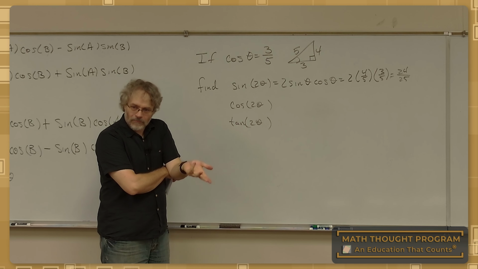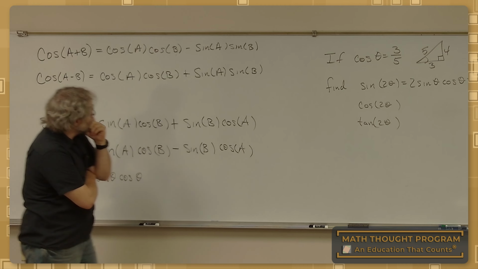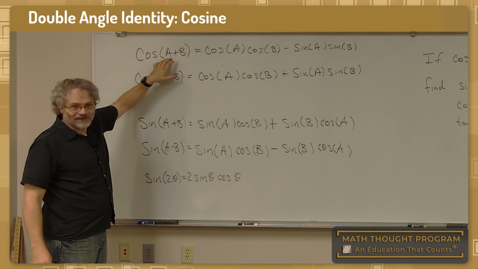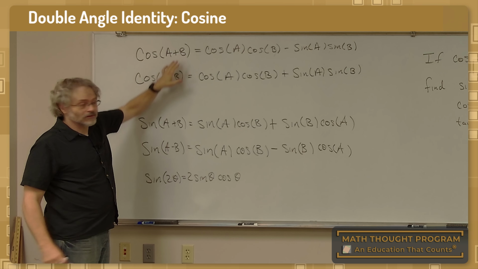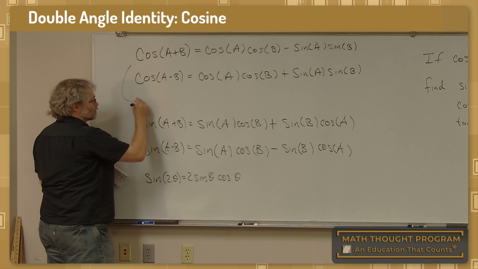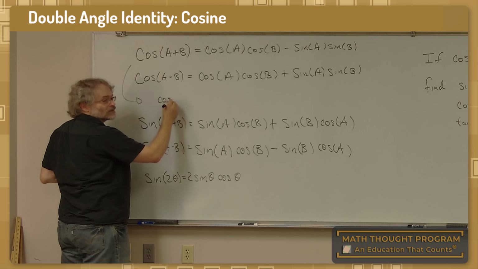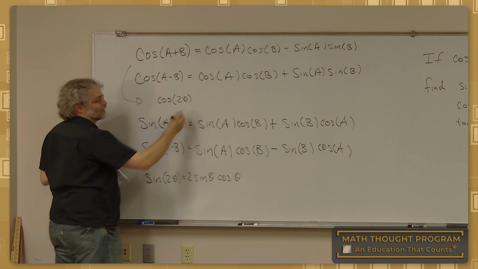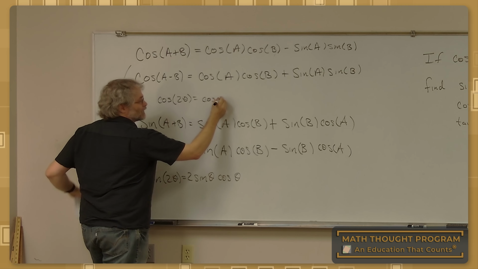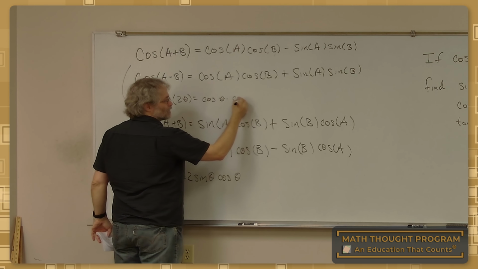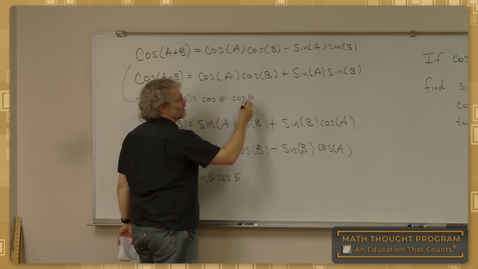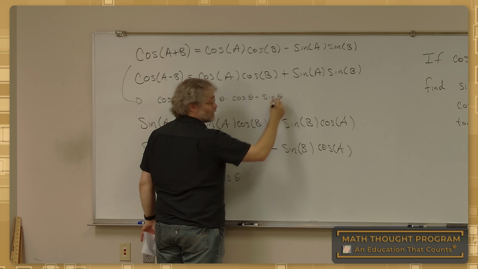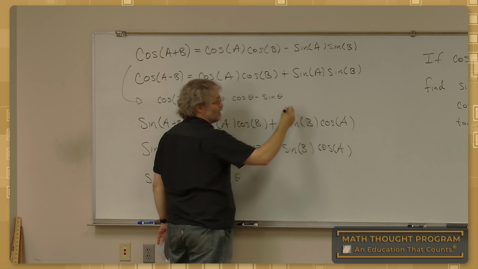Well, it worked so well last time. Let's go back and look at the angle sum. What would happen if you made theta as well as b? So if you do that, what's a theta plus a theta? It's 2 theta. So we'll have cosine theta, cosine theta, and A again is theta, B again is theta.